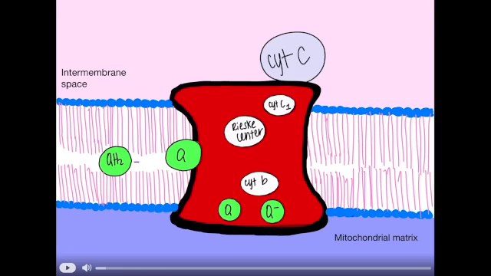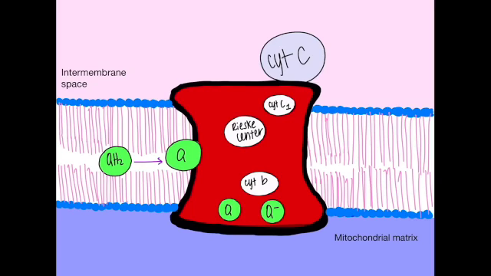Here's a video that shows the 2 electron pathways that make up the Q cycle. This is the movement of electrons on the first pathway that makes up the half cycle.